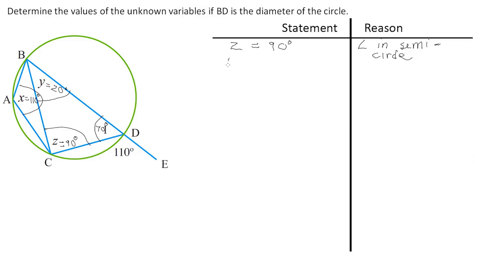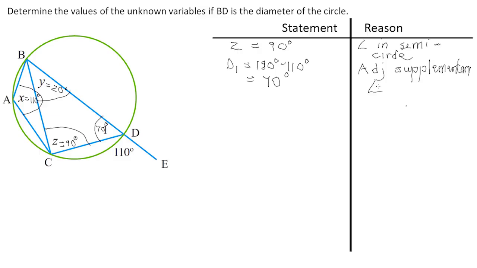So d1 is equal to 180 degrees minus 110 degrees, and d1 was equal to 70 degrees. Why? Because these are adjacent supplementary angles.